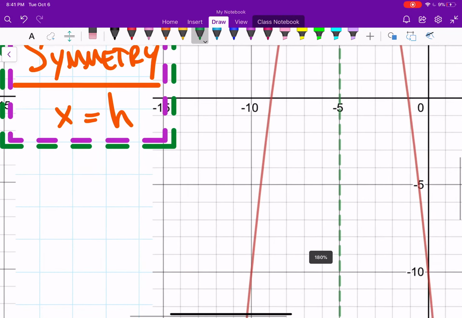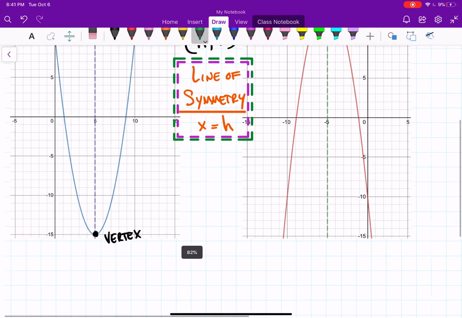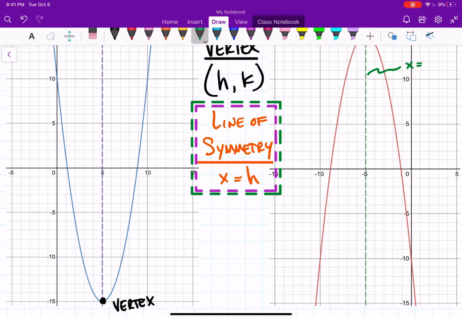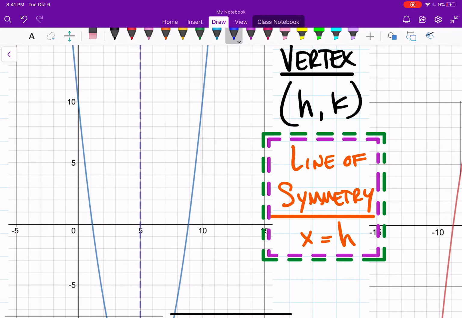So what else do you see on this graph that we've learned before? Well, there are a couple other things you've seen before. One is the y-intercept. What do we know about y-intercepts? Correct. x is always equal to 0, right?